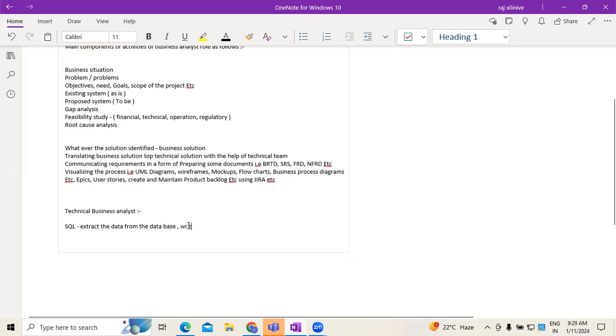So it is always important to write queries. This is where SQL comes into the picture. This is something we must be good with.